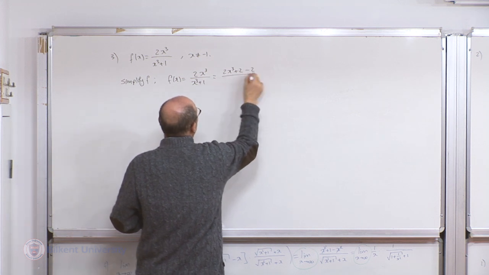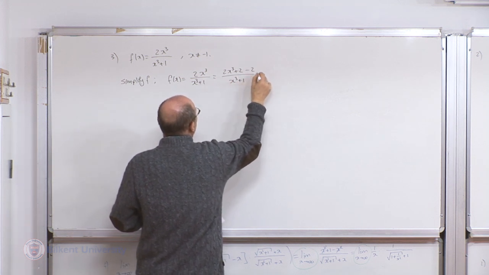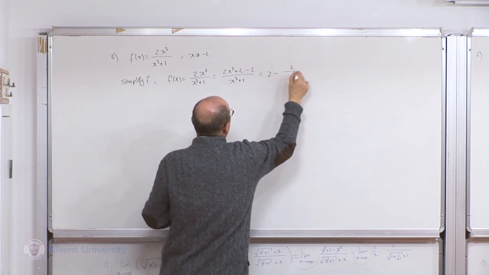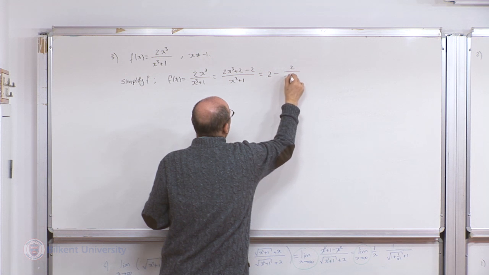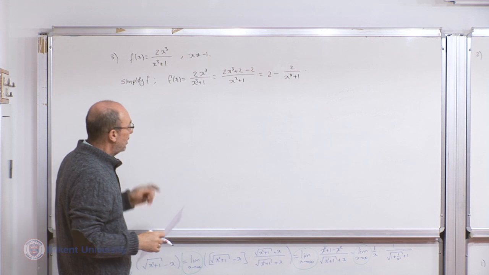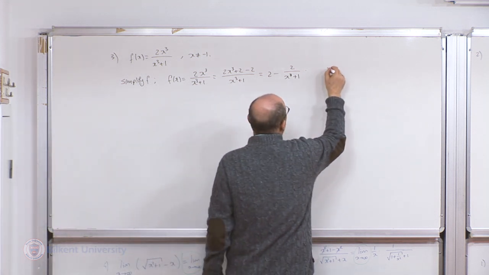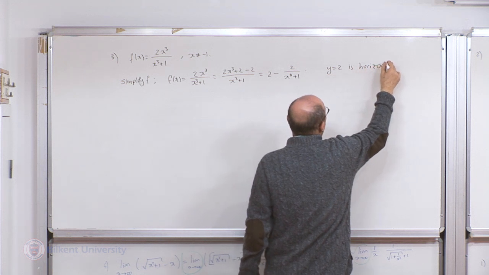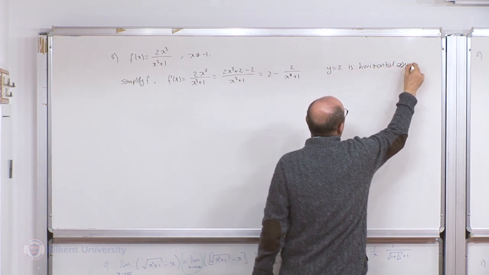Now I subtract 2 times x cubed plus 1, and the result is 2 minus 2 over x cubed plus 1. So this gives us the horizontal asymptote y equals 2.